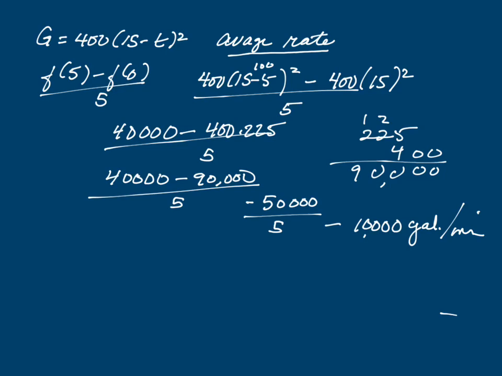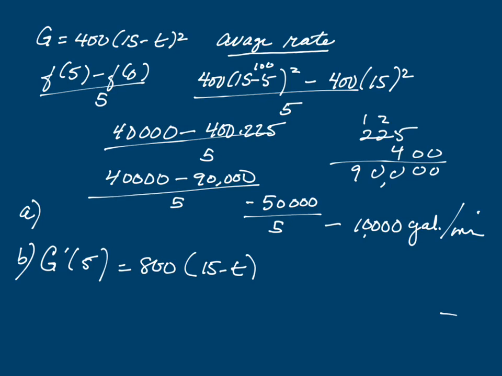Okay, so that's the average rate, and then it wants the rate at which the water is running at the end of 5 minutes. It's the second part of the question, so it's g prime of 5. And so g prime of 5 would be 800 times 15 minus t, and then multiply that by negative 1.